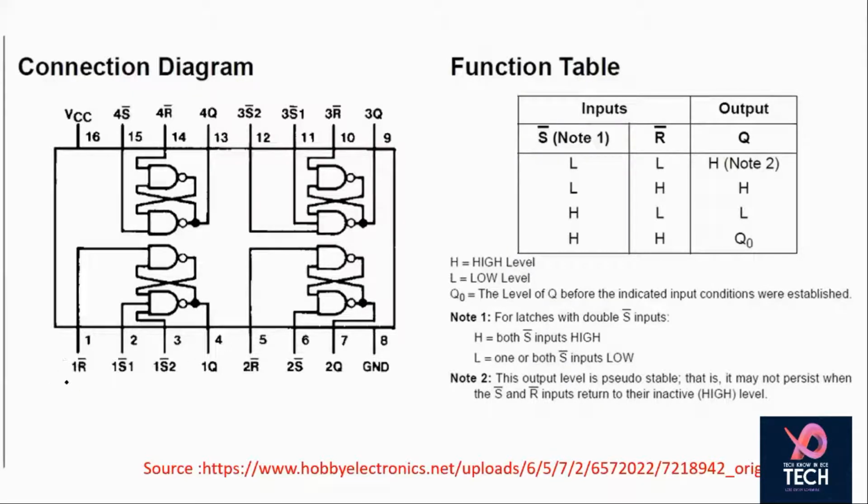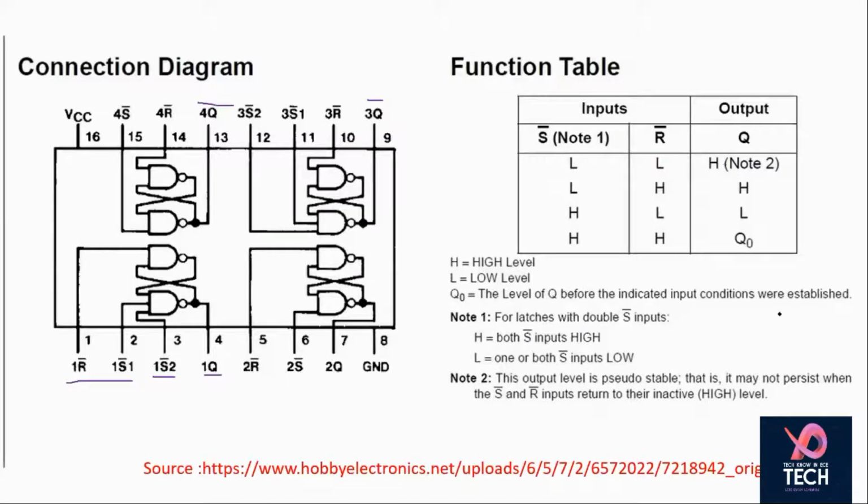It has similar things: 1R and 1S for the first flip-flop, the clock is there, then your output is there, 1Q. So this is 4Q, the 4th flip-flop, third flip-flop and so on.